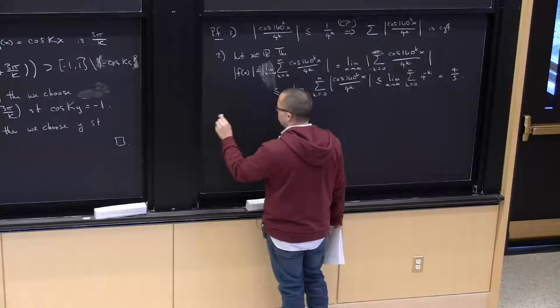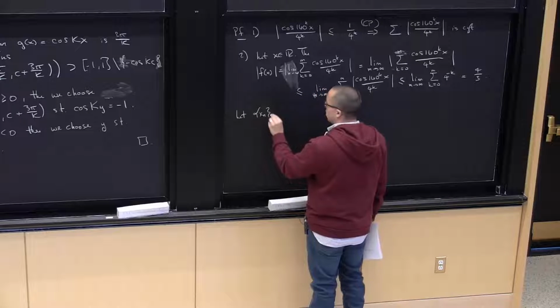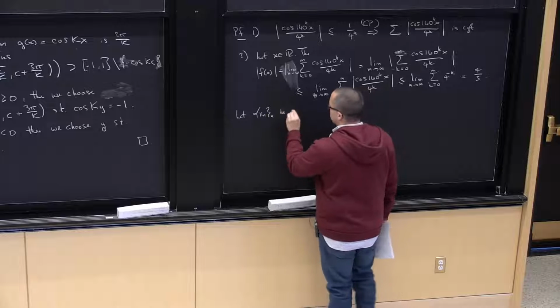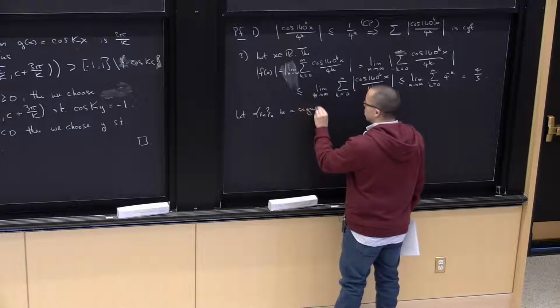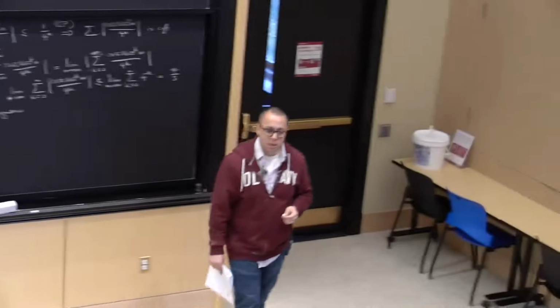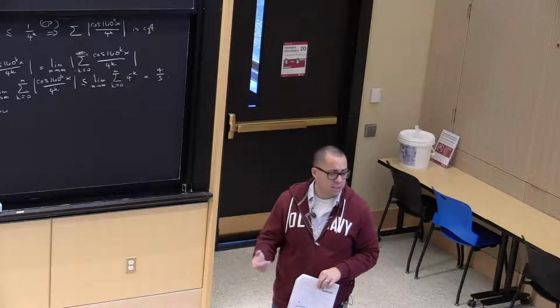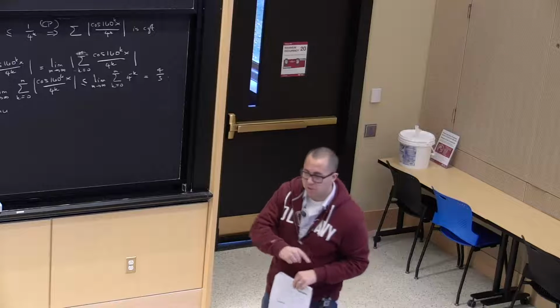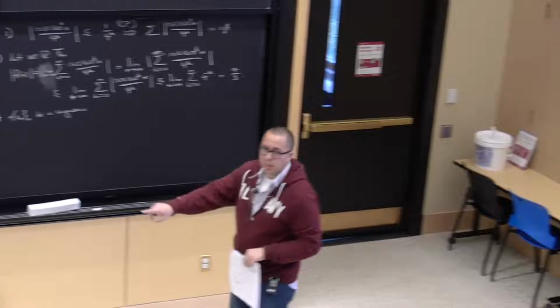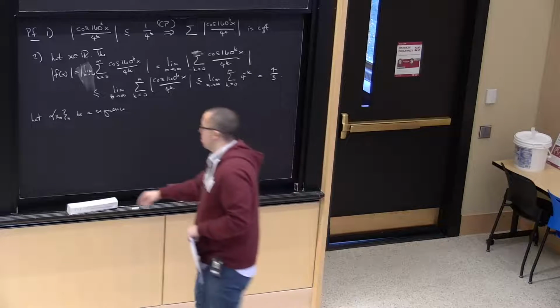So to show a function's continuous, remember we have that other characterization of continuity: a function is continuous at a point if and only if for every sequence converging to that point, f of x_n converges to f of c.